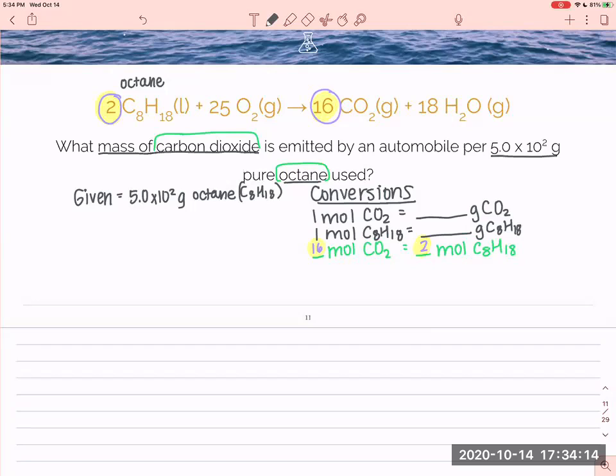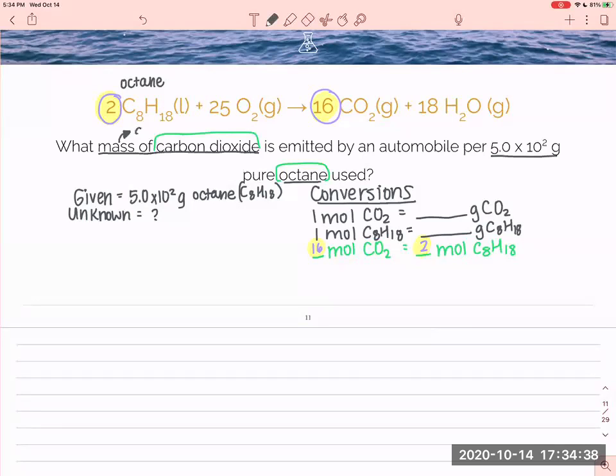And then I want to know the mass of carbon dioxide. So we're going to do unknown equals how many, and I didn't specify what mass. Let's do grams.